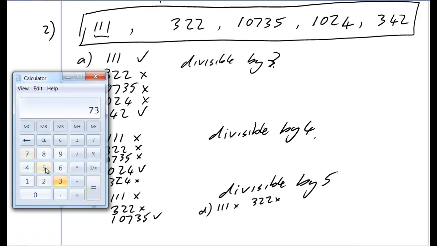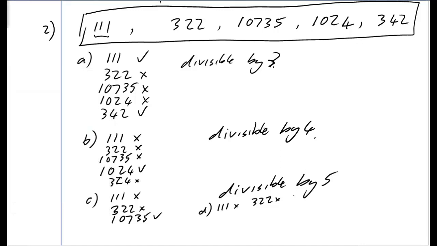We just go 735 divided by 8 equals, and notice you don't get a whole number, so that's not evenly divisible by 8. The next number, 1024, so 024, is that divisible by 8? Yes, it is, because 3 8s are 24, so 24 is divisible by 8.